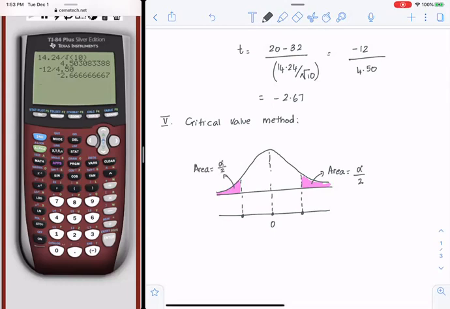And it is alpha over 2 because we are doing a two-tailed test. So 0.05 divided by 2, they end up having 0.025.